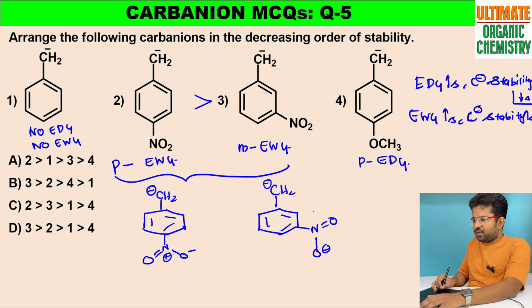This nitro group has to be drawn in this way. Now what happens in the para position nitro group? So this anion will come over here, and then this will move over here, and this pi electron will be accepted by the nitro group. Nitro group is an electron withdrawing group. So this anion is stabilized by nitro group.